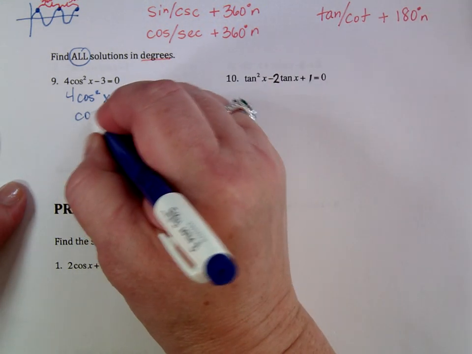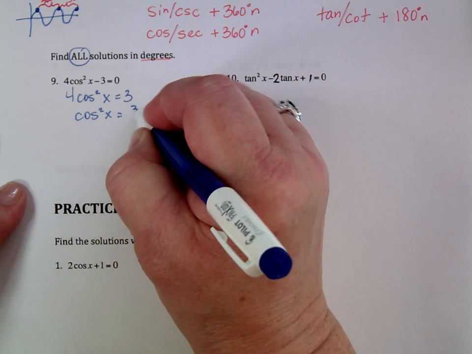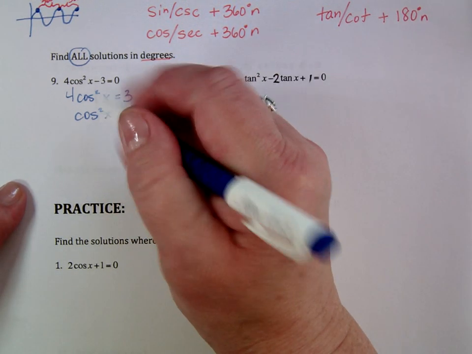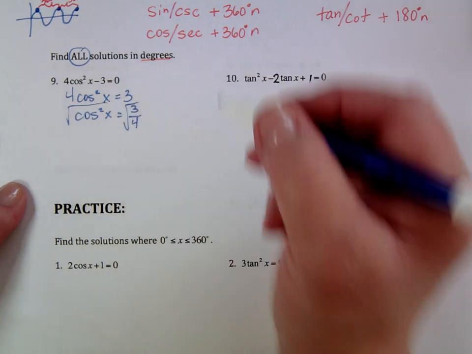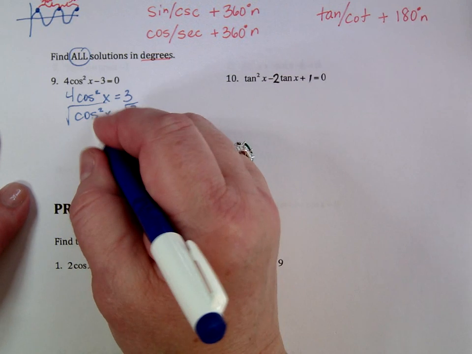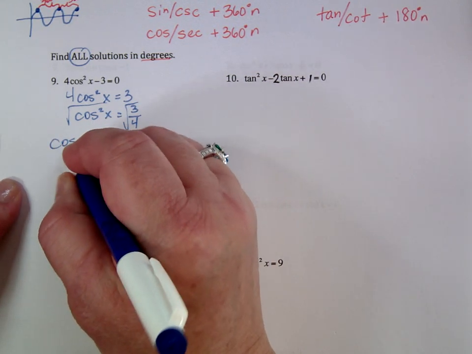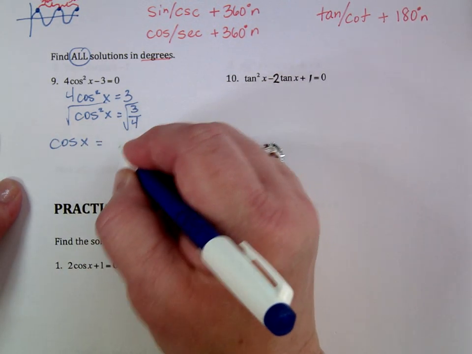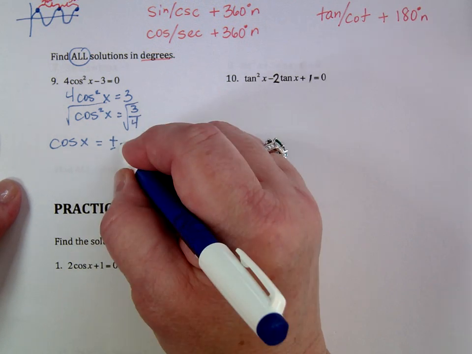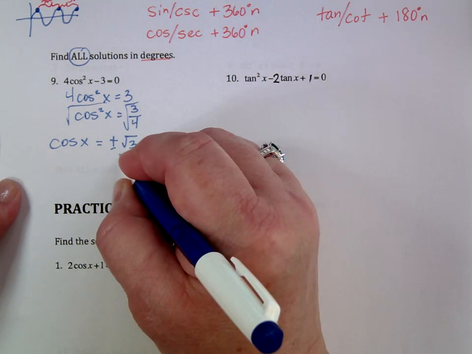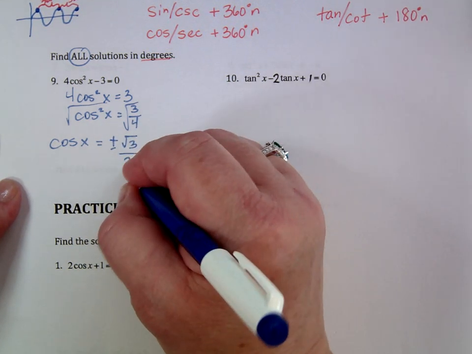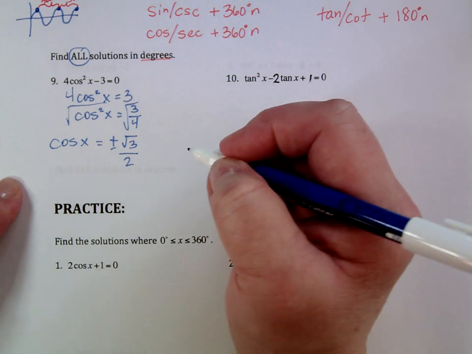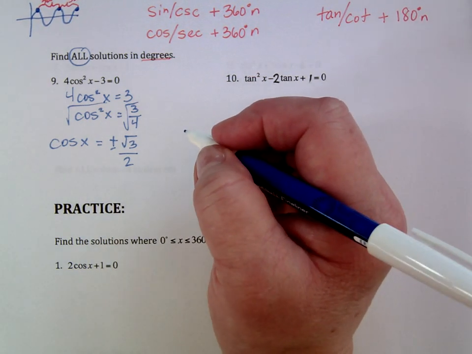Cosine squared x equals 3 over 4. Then square root, I've got a square root. And that gives me the square root of cosine squared is cosine. Square root of 3, remember this is plus or minus because I took a square root. Square root of 3 over square root of 4, which is 2. And I don't have to do any rationalizing because that one actually gave me a denominator that is not a radical.